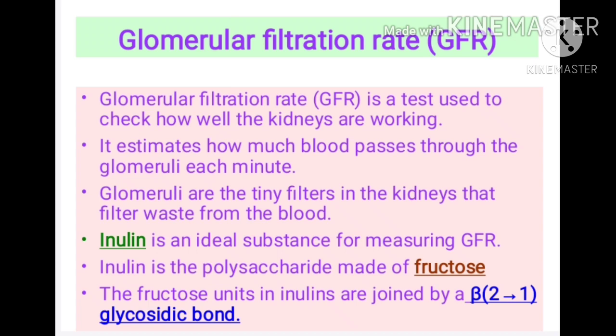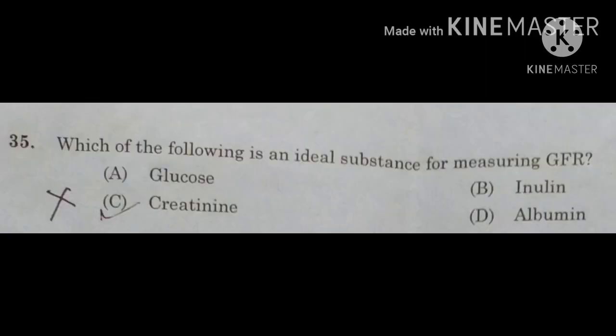I will try to upload a video regarding the various bonds found in carbohydrates because it is very important for your examination. So the correct answer for this question is option B, inulin. Inulin is a polysaccharide made up of monosaccharide units, namely fructose.